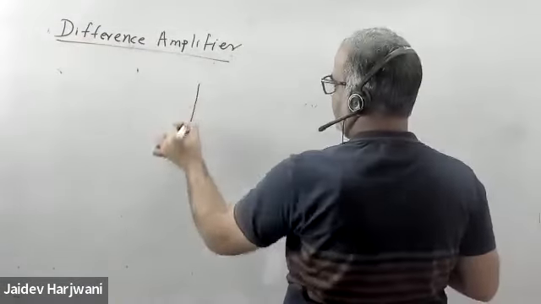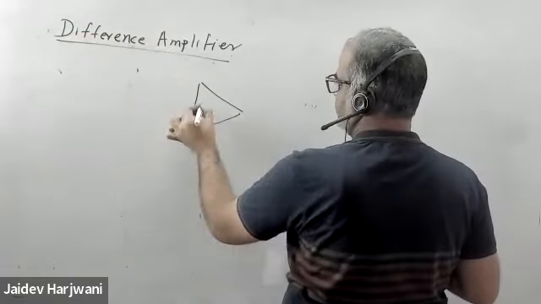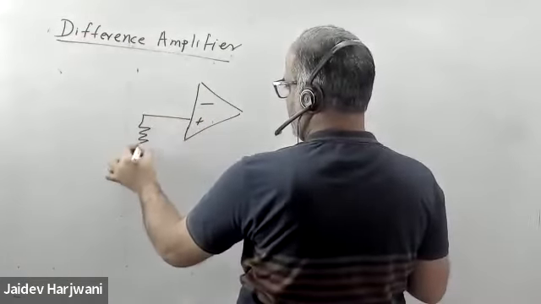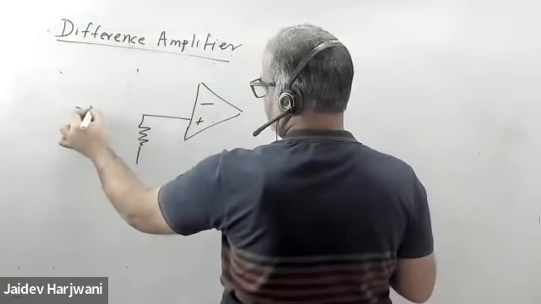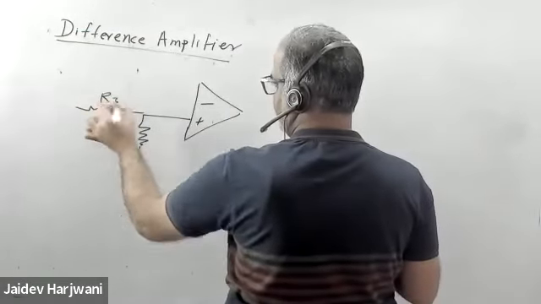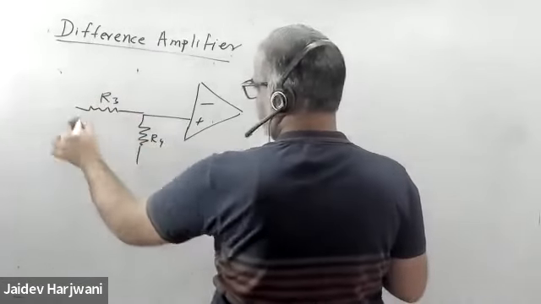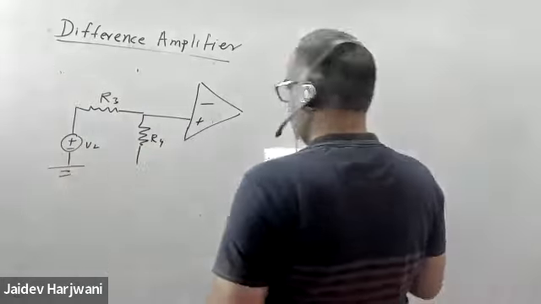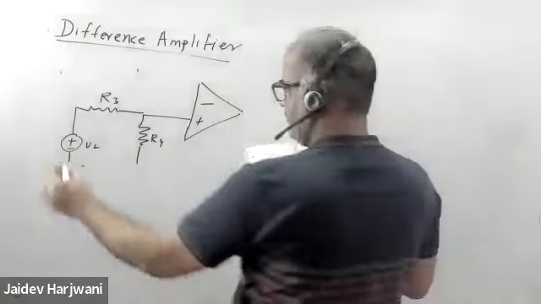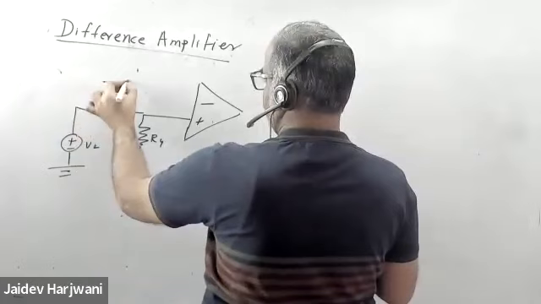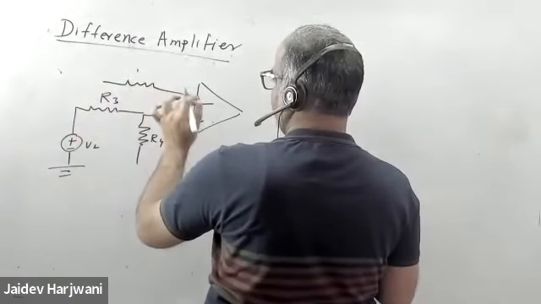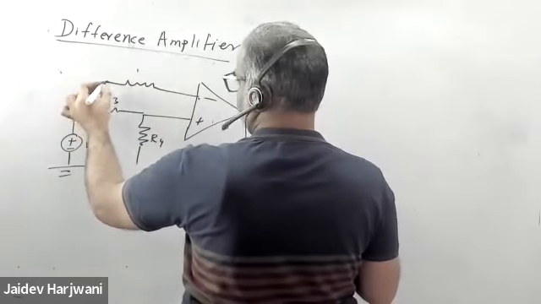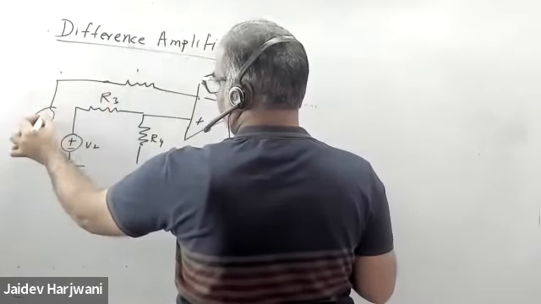So you have been given one op amp, minus plus. So you have been given R3, you are given R4. Here you are given a voltage V2. And here also you have been given one resistance at the inverting terminal, and that is connected to V1.